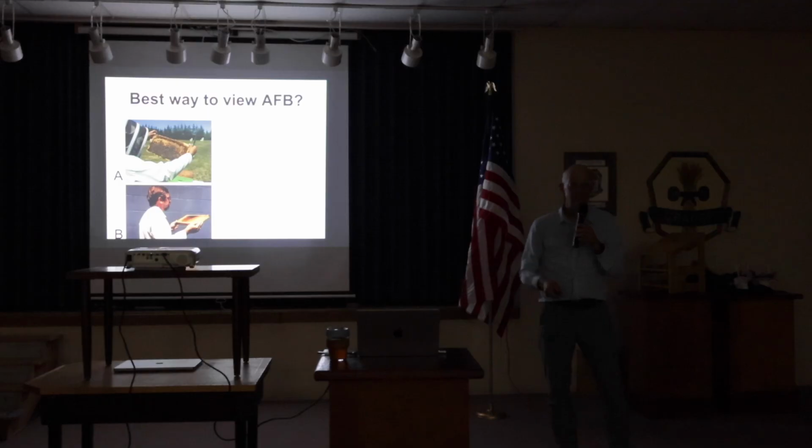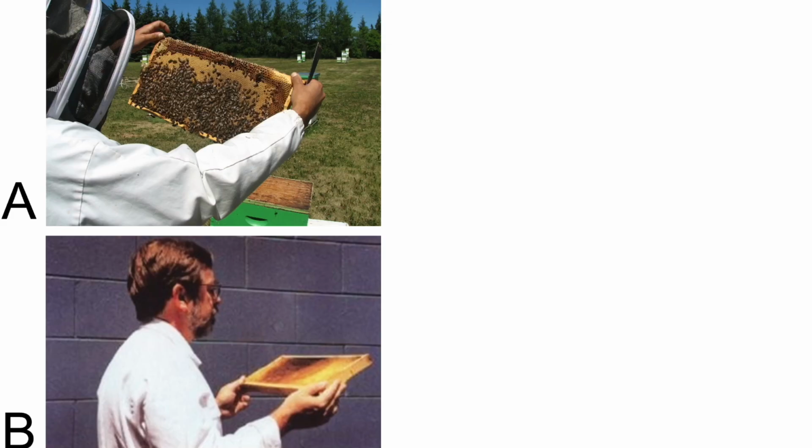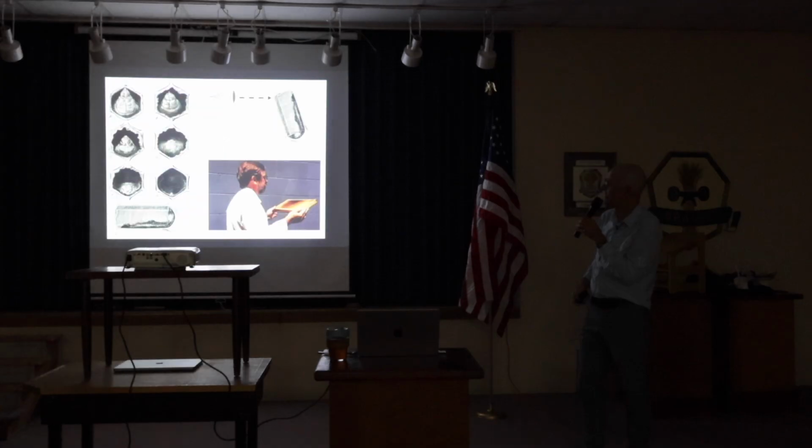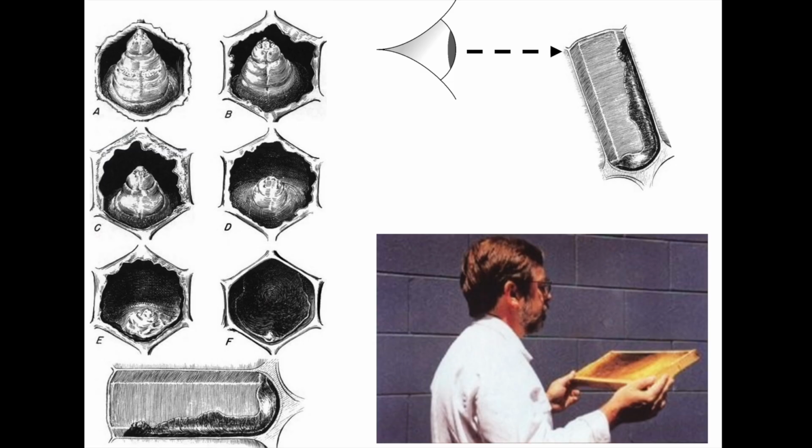So the best way to view this brood disease is not like this bozo who is me, but this gentleman here who's holding the frame from the bottom so that his eye can catch the bottoms of the cell. So what he's looking at is, here's this diseased larva, right? It looked like this to start with.